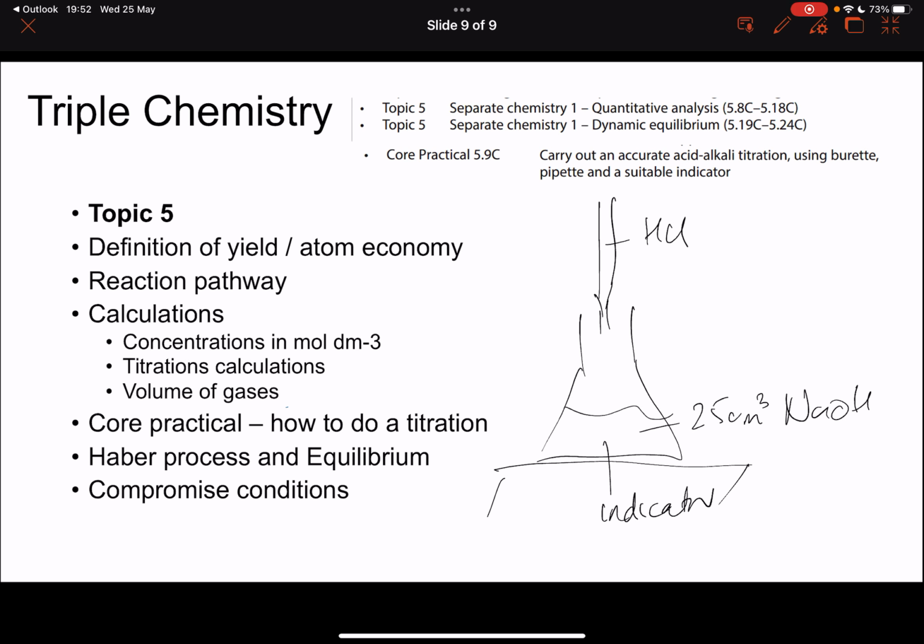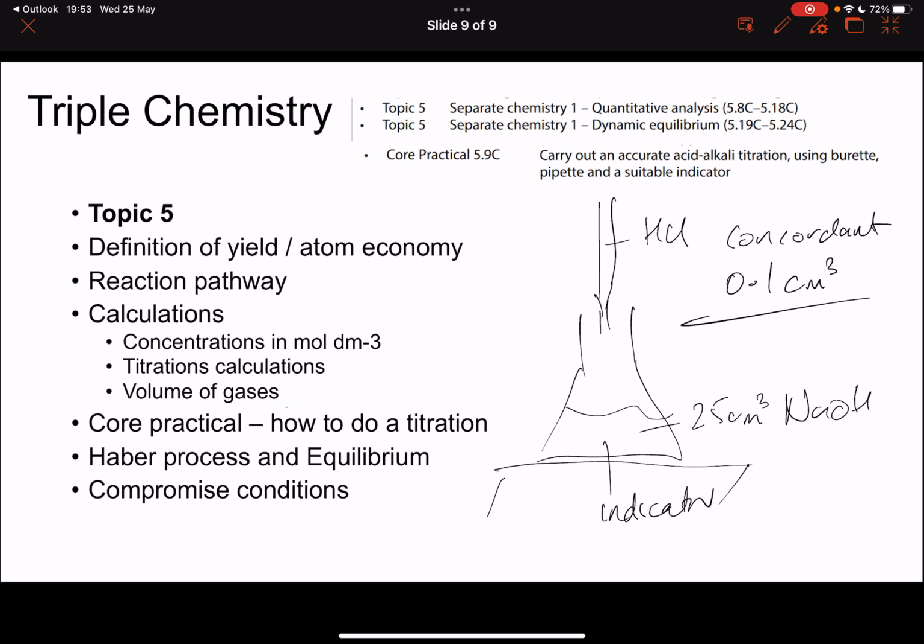You repeat your procedure until we have concordant results, and concordant means results to 0.1 cm³.